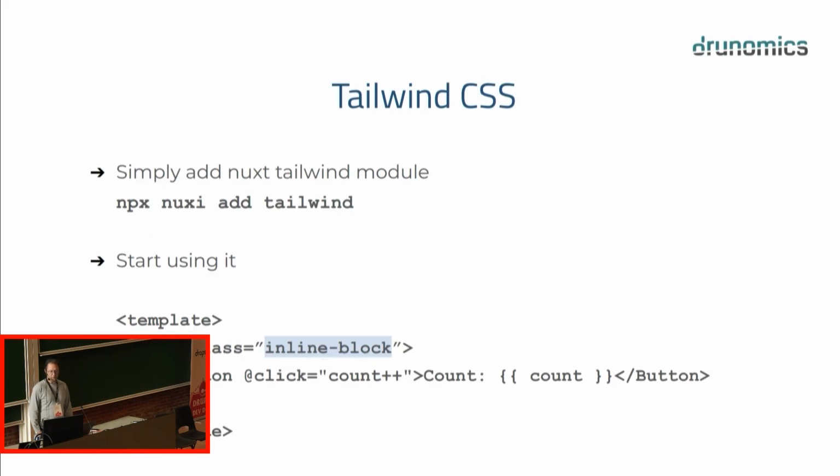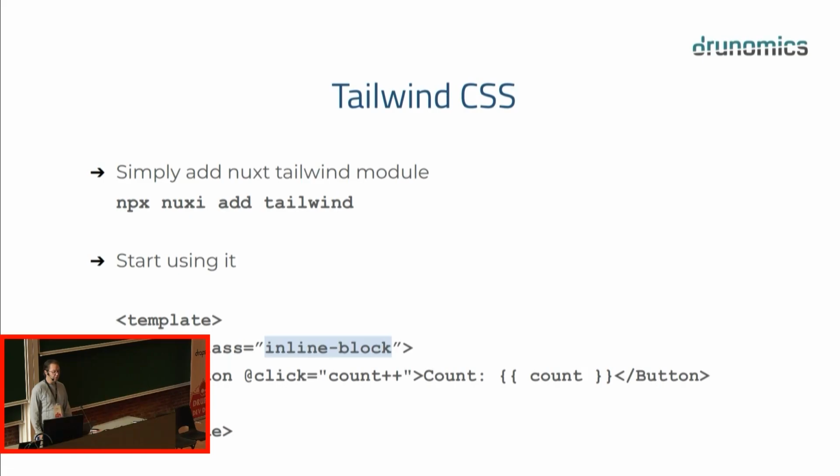I mentioned there's also Tailwind CSS. There's a Nuxt module which you can just install in your Nuxt application. There's a tool, nuxi, which also takes care of adding Nuxt modules. So you can just do npx nuxi add tailwind, and it will download and install the module for you.